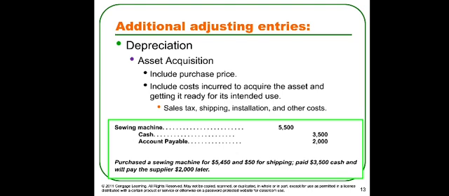For example, you have to pay sales tax, shipping cost, installation cost. So this has to be included in the value of the non-current asset.